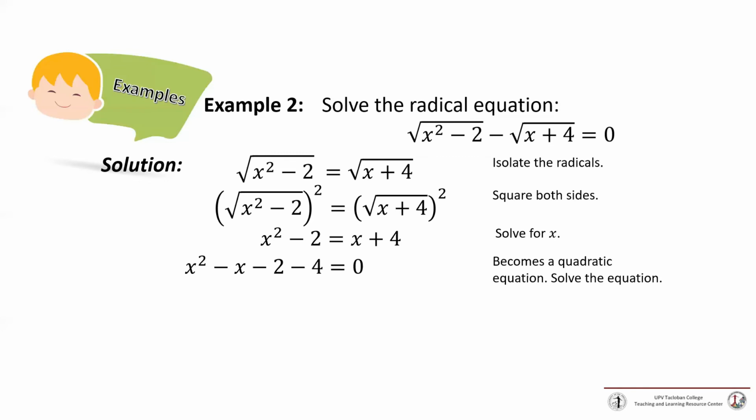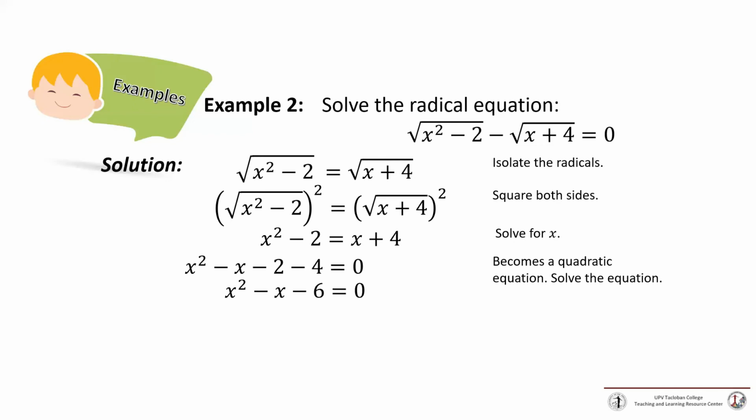Completing the square, or any method that you want to use in order to solve the quadratic equation. But before that, let's simplify this equation first. x squared minus x minus 6 is equal to 0.